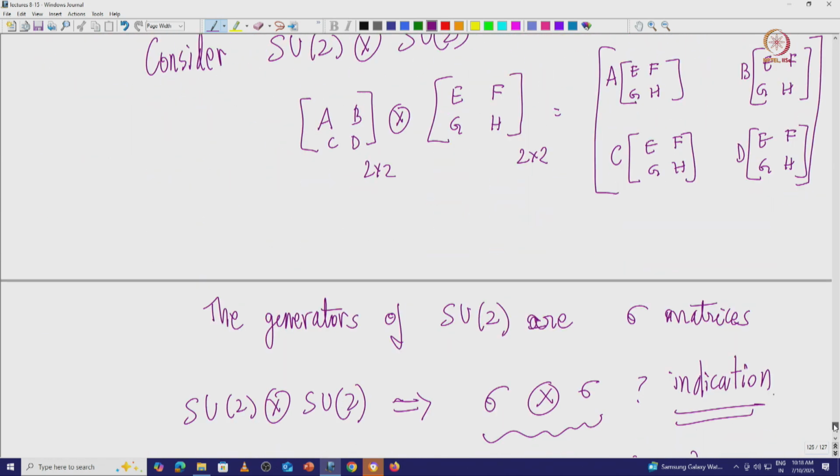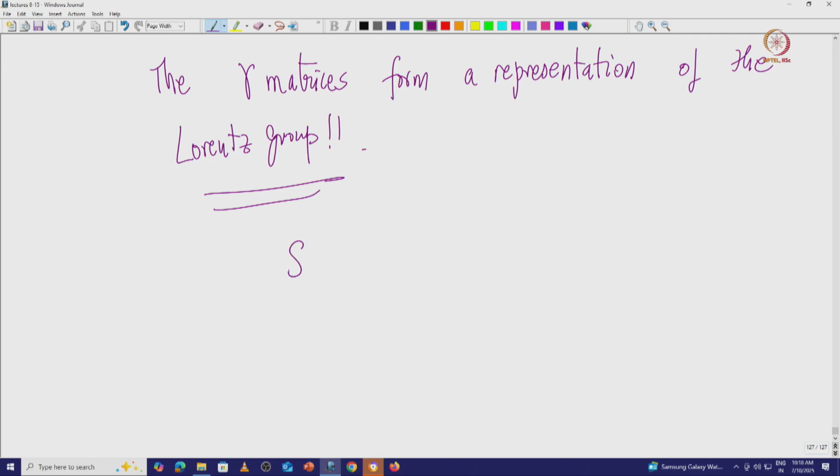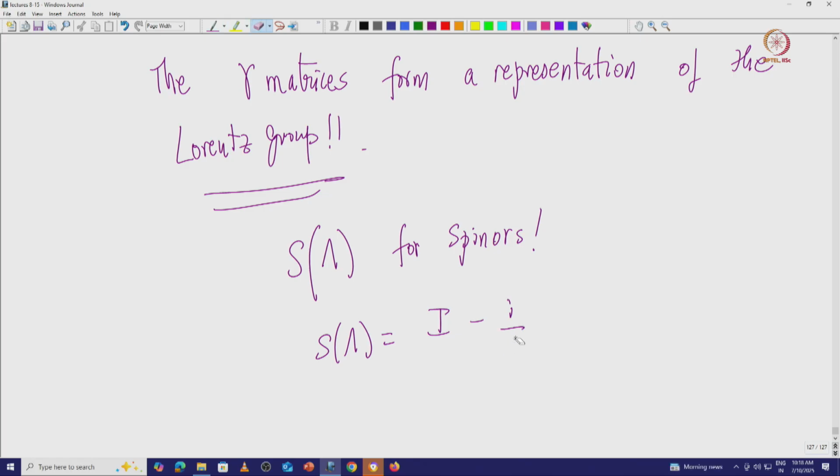So in exactly the same form we can write S as the Lorentz transformation for spinors. The Lorentz transformation on the wave functions, on the wave functions of the Dirac spinors, S of lambda is equal to 1 minus I by 4 sigma mu nu epsilon mu nu.